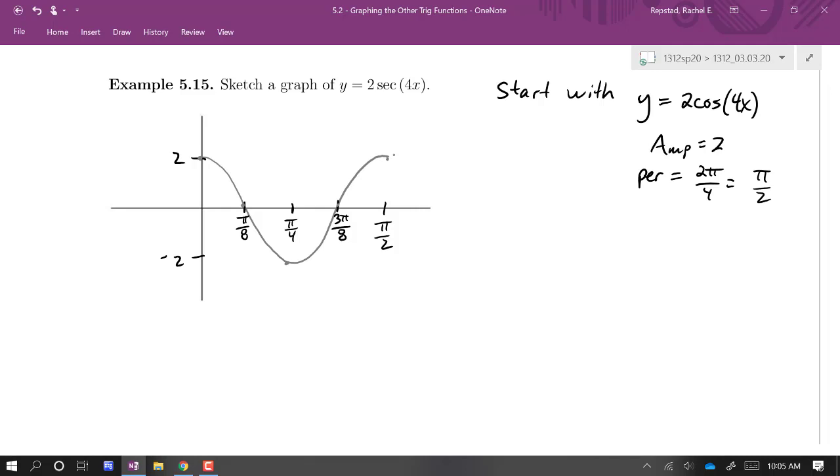I've got my cosine. That's really, I would say, the bulk of the work when you're doing the secant graph. Just make sure you have your cosine graph correct. And then what comes next?